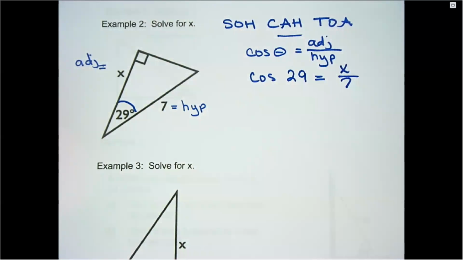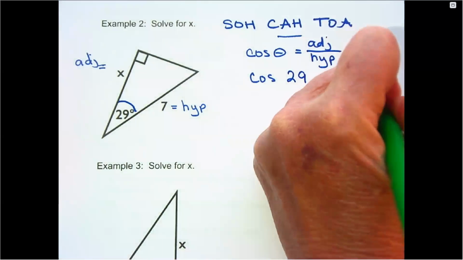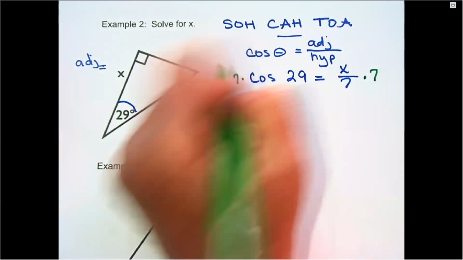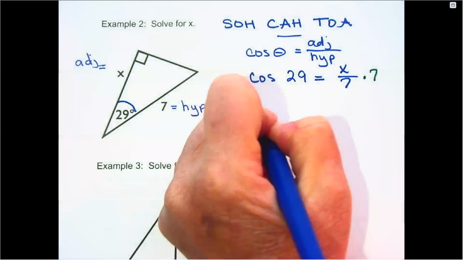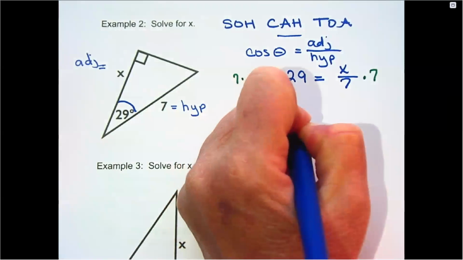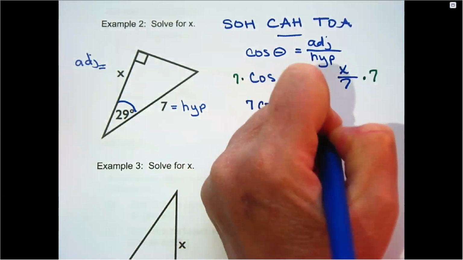Now, this equation looks just like the last equation, except this time it's the word cosine. But x is divided by 7. If I want to solve for x, I can multiply both sides by 7 to get that 7 out of the denominator. When I multiply both sides by 7, I get 7 times the cosine of 29 equals x.